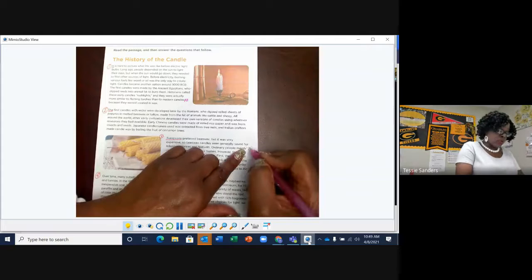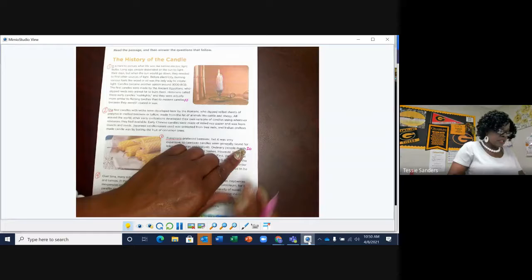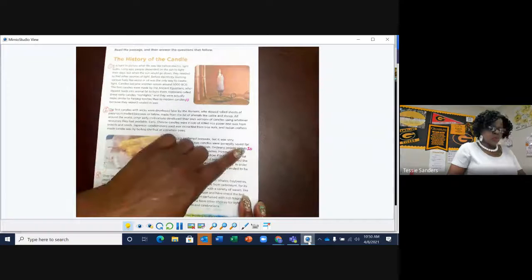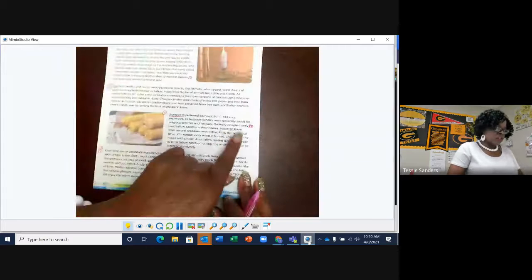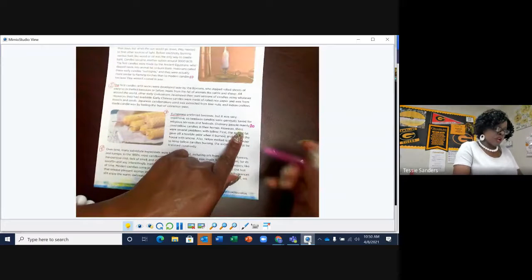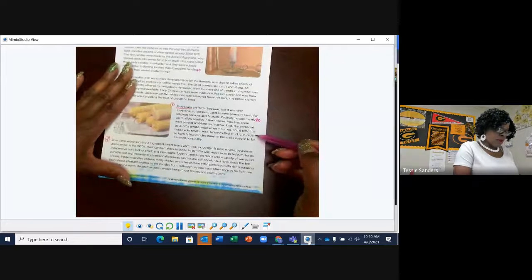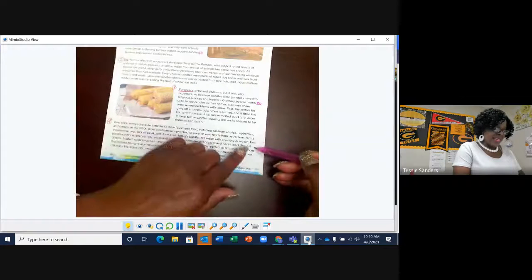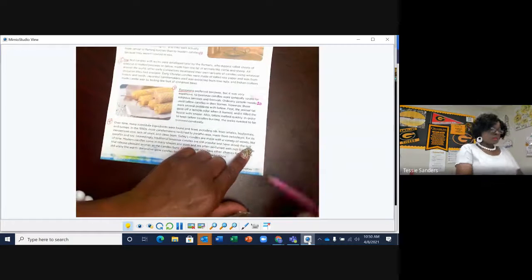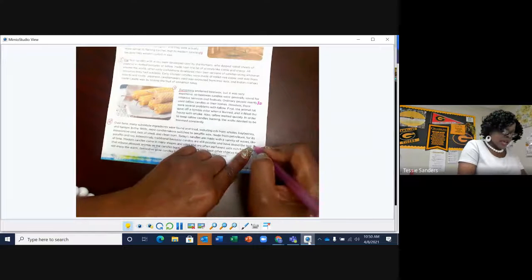What number will we write here? 20. Good job. See? 10, 20. We will start here next with the number 1. Count. 1, 2, 3, 4, 5, 6, 7, 8, 9, 10. 10, 20. What number goes here? 30.